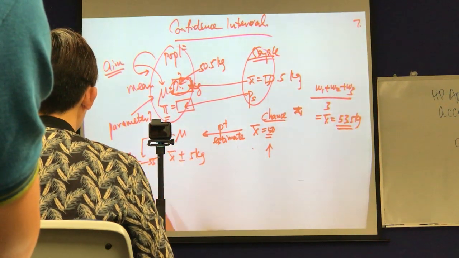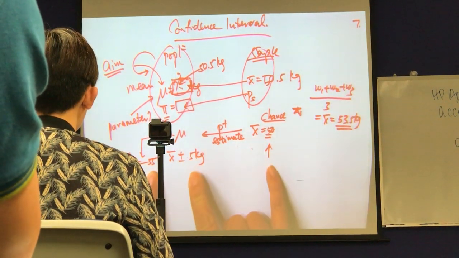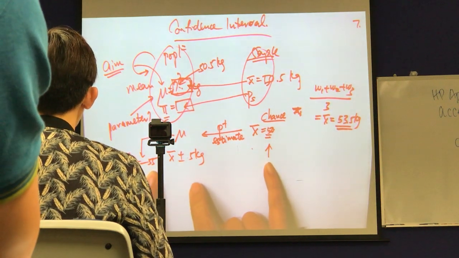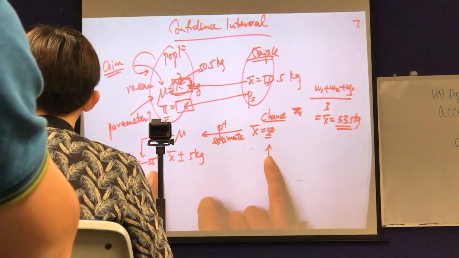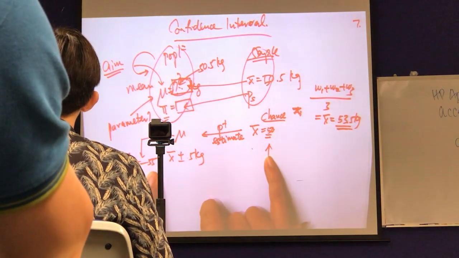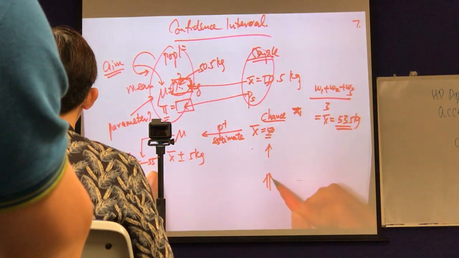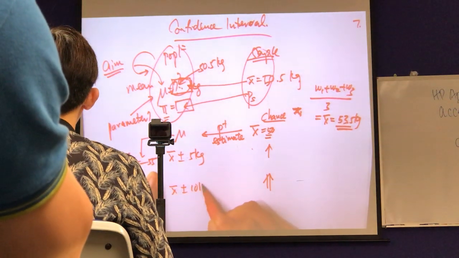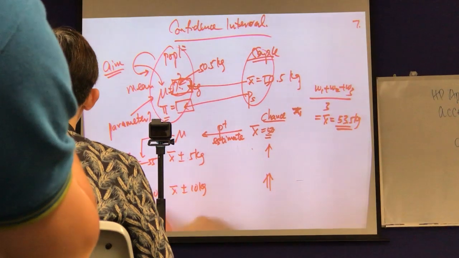My mu will fall inside here. Is it a higher chance compared to point to point? Yes. What if I say this higher chance is not good enough? I'm risk averse. I want to have more chances. More correct guesses means a lower chance of a wrong guess. So if I want to increase this, what will I do? Can I say it's X bar plus minus 10 kg? So I widen this from 40 to 60.